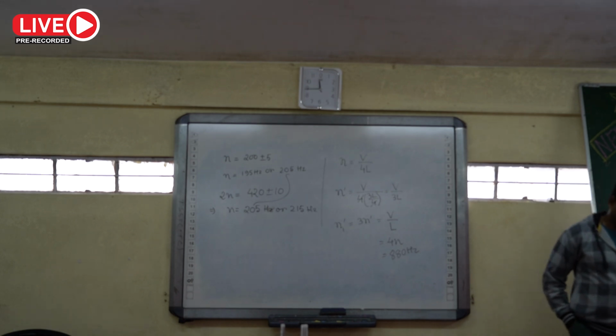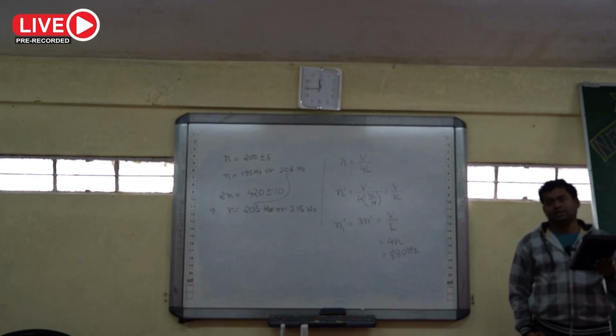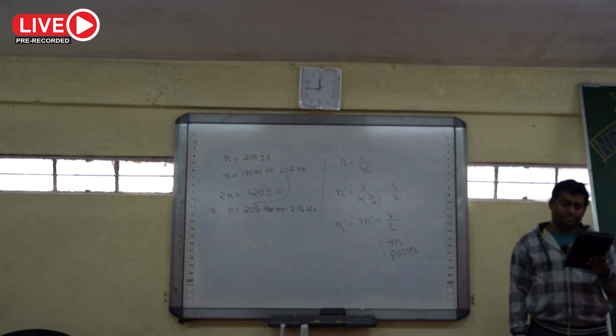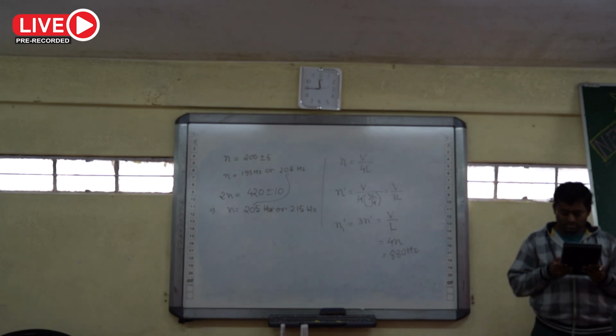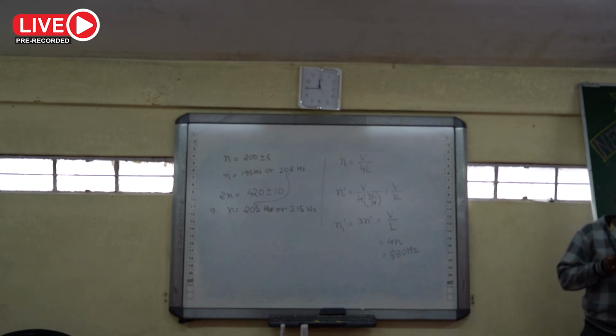Question number 29. The fundamental frequency of a closed organ pipe of length 20 centimeter is equal to the second overtone of an open organ pipe.